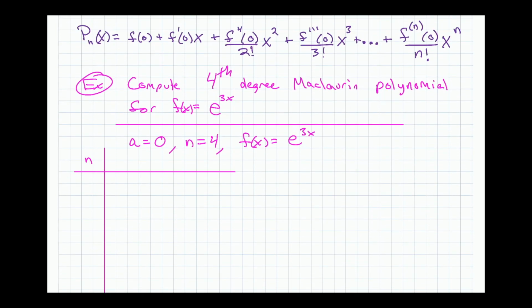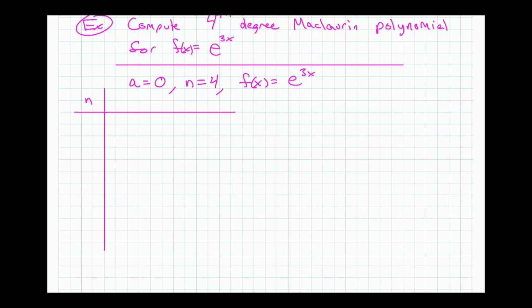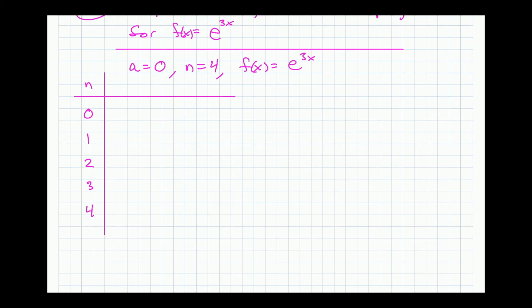Okay, so we need a 4th degree polynomial. So we're going to go 0, 1, 2, 3, 4. Right? Because we're doing a 4th degree polynomial. And then we're going to need the nth derivative evaluated at x. And after we do that, we're going to need the nth derivative evaluated at 0, because we're a Maclaurin polynomial, right?